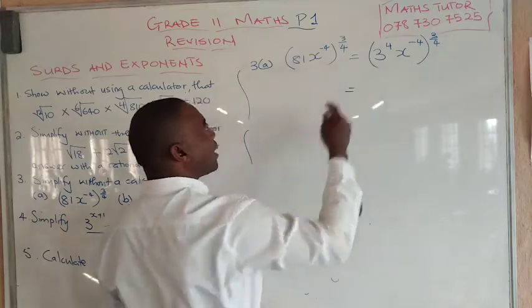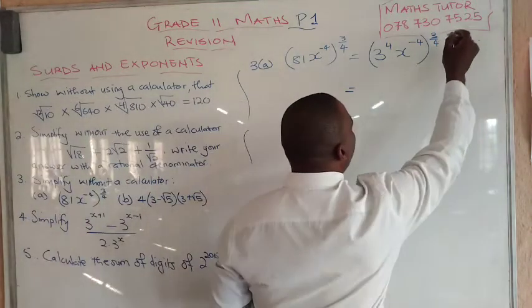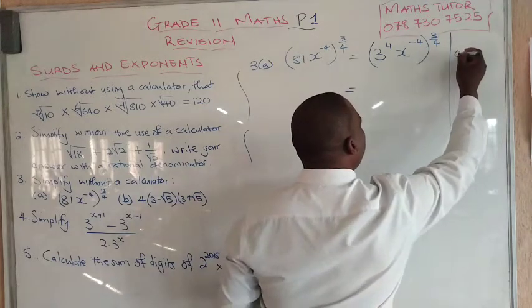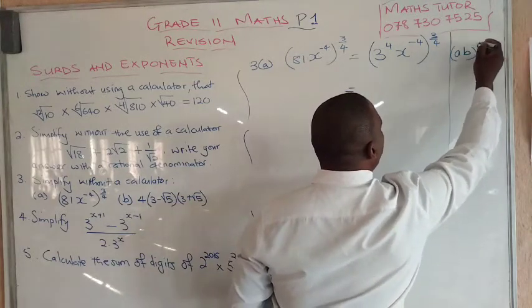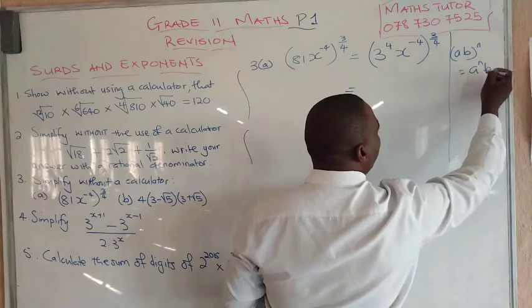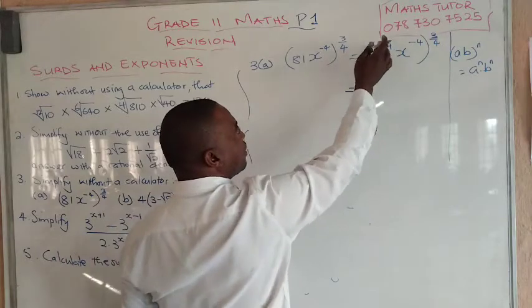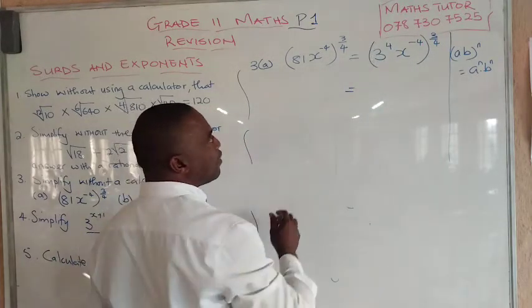And then we apply the law of exponents. Remember the law of exponent: ab raised to the power n is equal to a to the power n times b to the power n. So we are multiplying the exponent of 3 by 3 over 4.